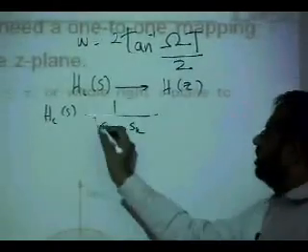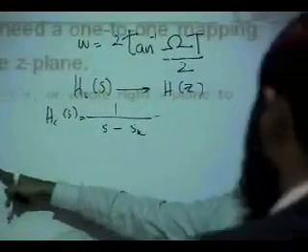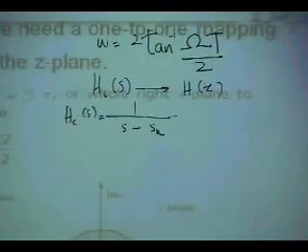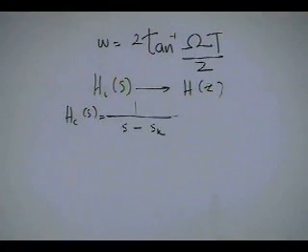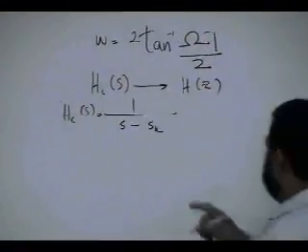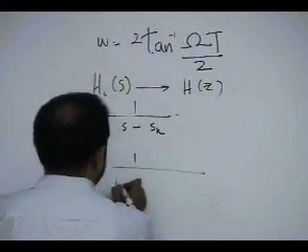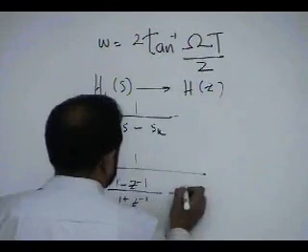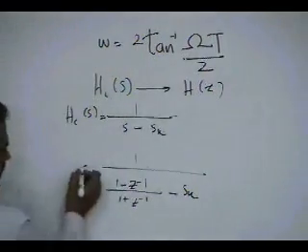Now I'm saying that using this translation will translate this Hc of s into H of z. So what is that H of z? You replace s by 1 minus z inverse divided by 1 plus z inverse. So you do that here: 1 minus z inverse over 1 plus z inverse minus sk, right?